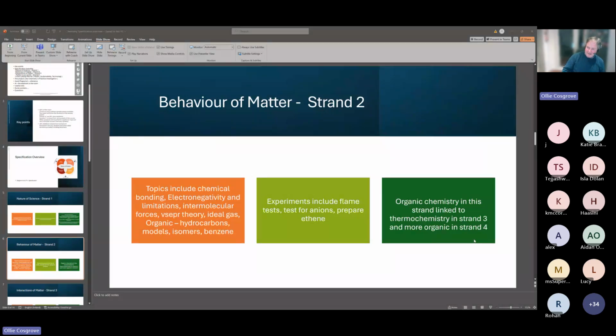Rachel, that's a good question. It's harder to say now, because they do say on the specification that, for example, in the volumetric analysis section, they can ask us experiments that we haven't seen. Now, because they'll give us all the detail on the paper, it doesn't matter if we haven't seen them or not, because we'll have developed the techniques and skills when we study our other titrations.